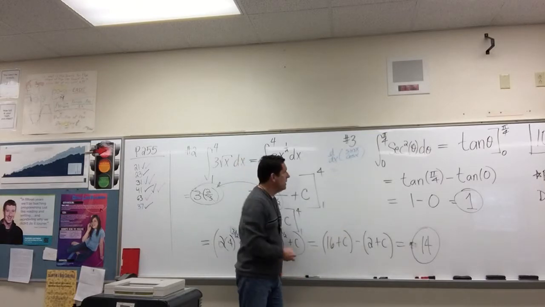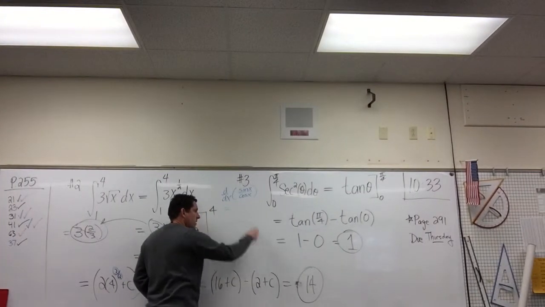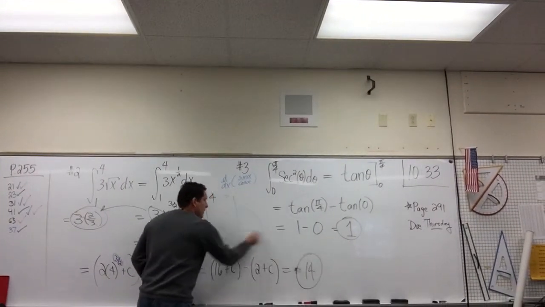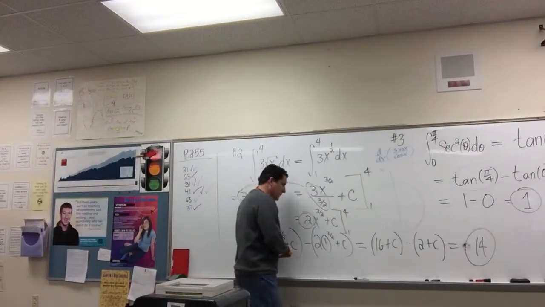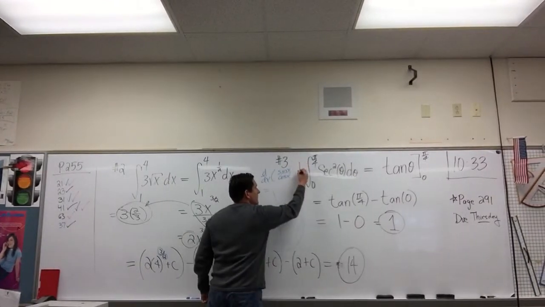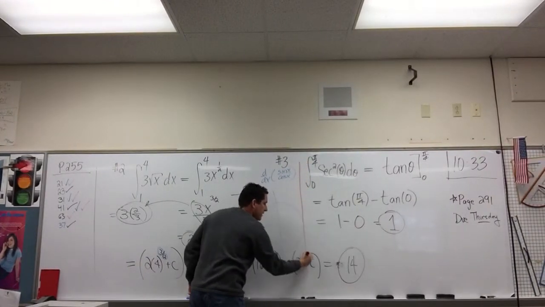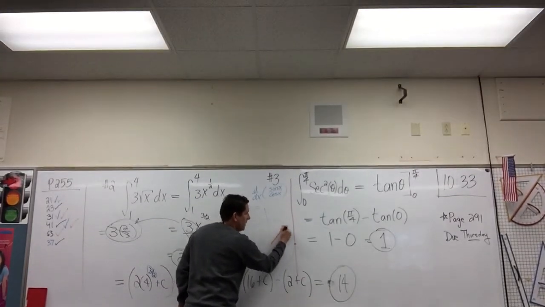Okay? And then, if you don't remember your tangents, where they are, just think, okay, what does it mean? Where did that come from? The tangent of theta, remember, came from that tangent line. Remember that? It was the distance. And at pi over 4, we go up to here.